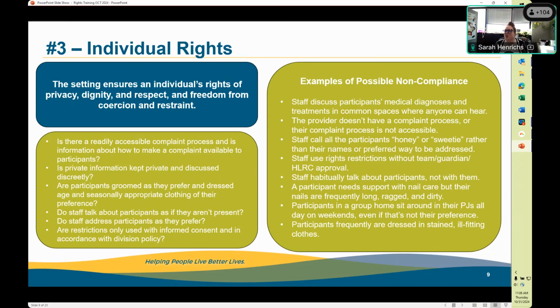It is not a way that we would appreciate anybody talking about any one of us in a public place or with strangers or where strangers might overhear. If the provider doesn't have a complaint process or that complaint process isn't accessible, I came across a provider who, somewhere in their PMP, said that a complaint would only be accepted in writing. And I'm just like, no, no. That doesn't work.